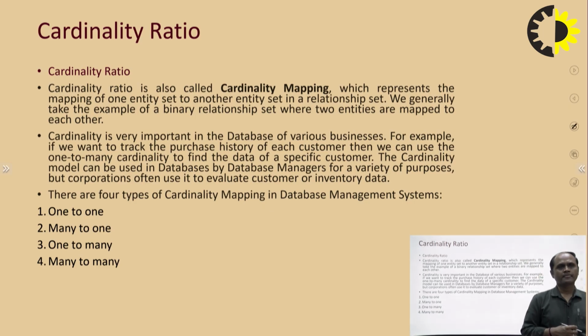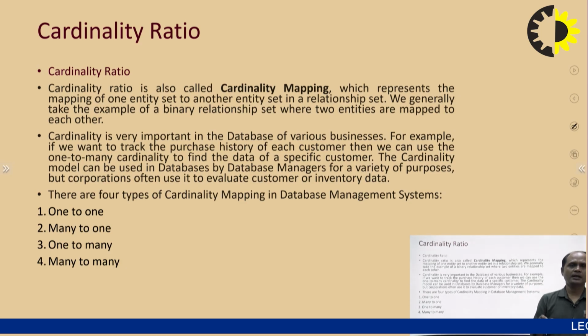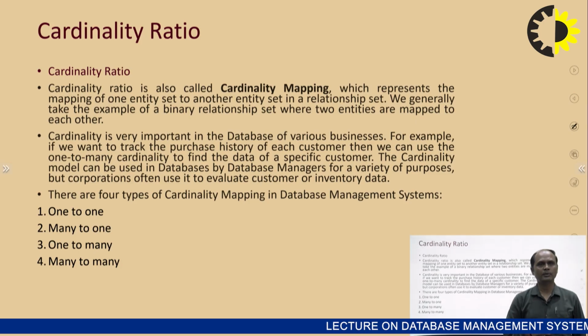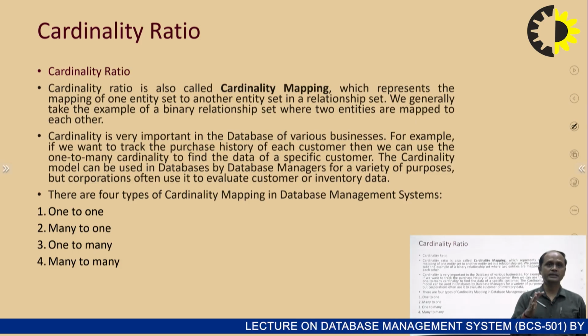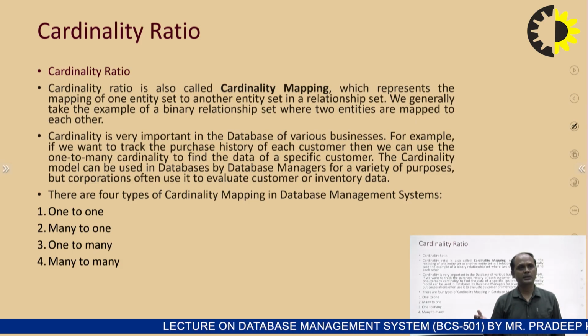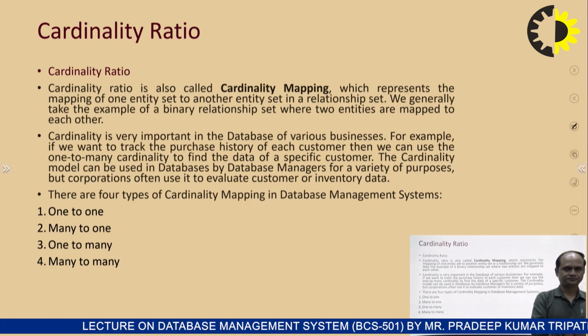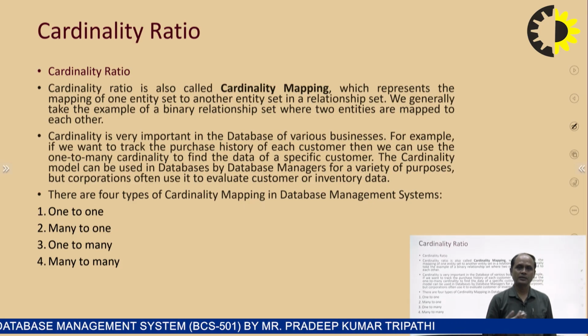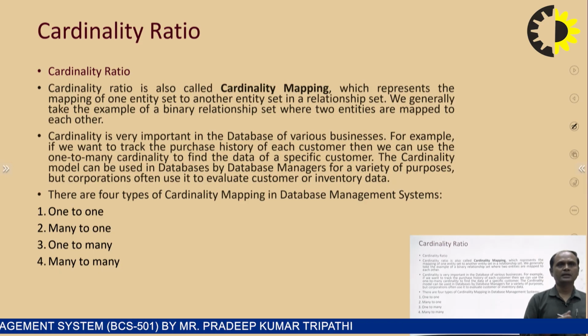So this is all about the ER diagram and how it can be mapped. Suppose we have some requirements from the user, we can easily draw the ER diagram of the particular scenario, easily convert that ER diagram to tables, and also calculate the cardinality ratio of that ER diagram. So this is about the ER diagram.